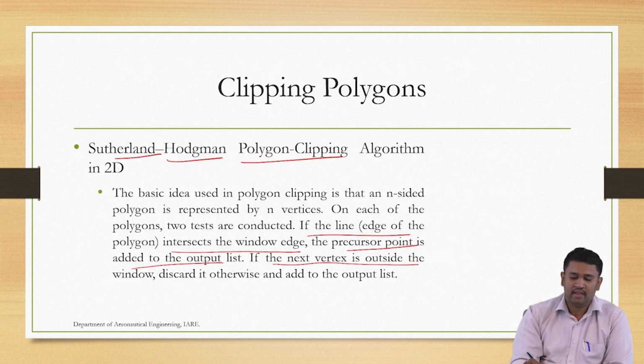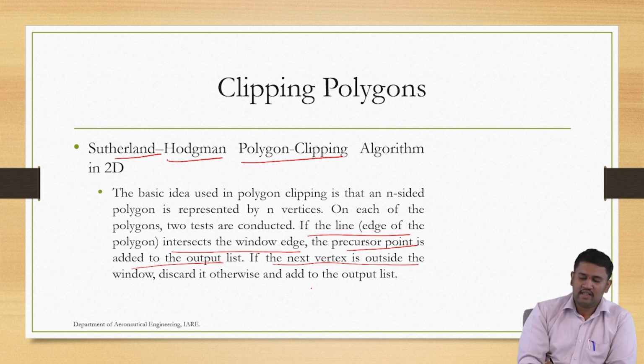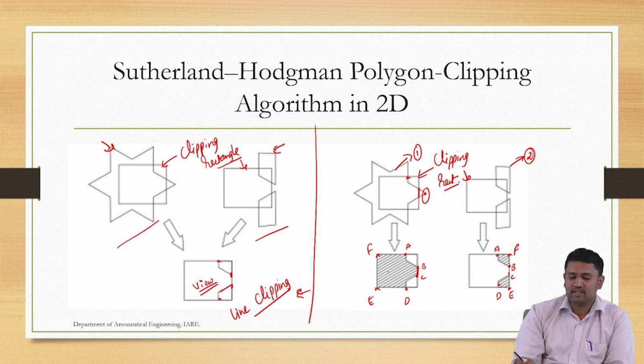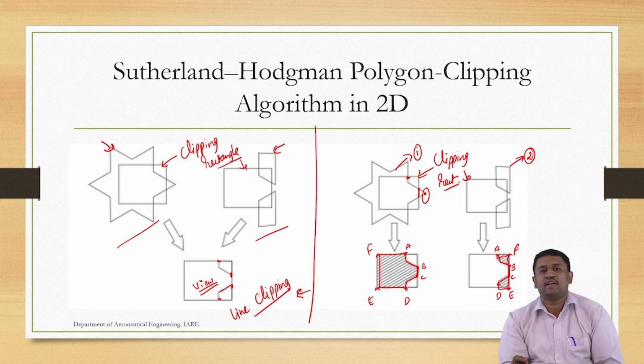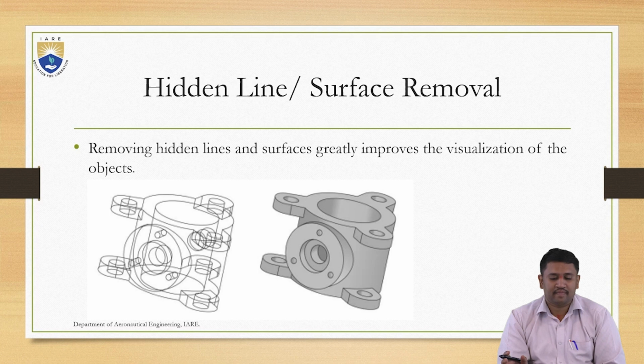Or else, if it is not, then it will be added to your output list. As it is added, it creates a small shaded region which shows you the different ways to clip out a polygon and differentiate between a polygon and simple edge geometry.